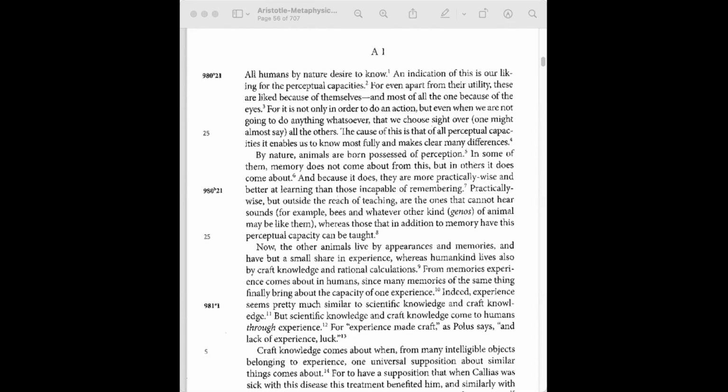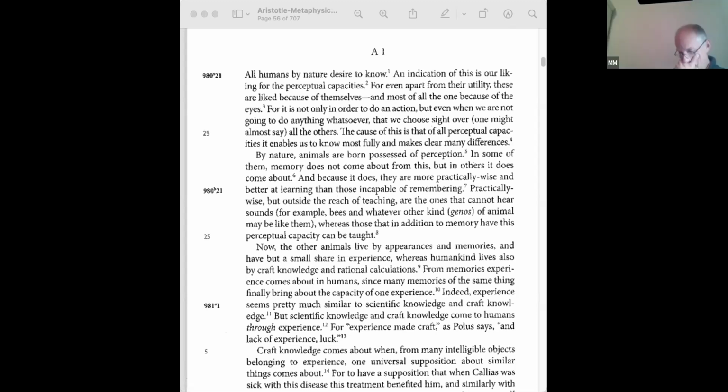I wasn't really that confused about the relationship between these terms. From my understanding, he's similar to what Greg just said. He's kind of just showing us the stages, or what is preceding one thing, or what has to be present in order for another thing. And from my understanding, he was just saying that this experience basically has to be there before scientific knowledge and craft knowledge can come about, or that they're built.